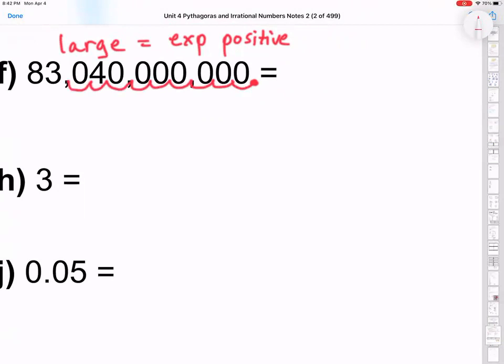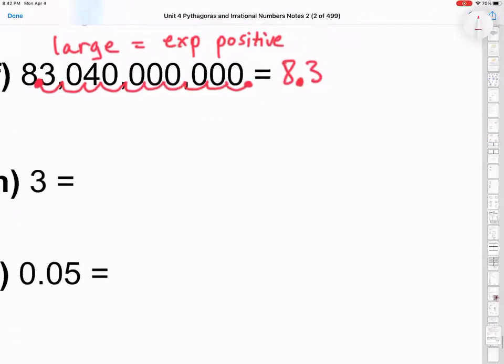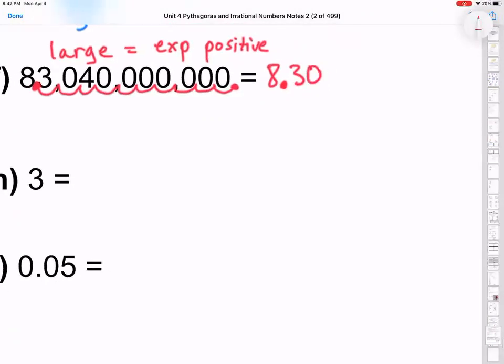And I need to go one more, 10, to get that in between the 1 and 10. So I end up then with 8.304. And all the other numbers beyond that are just zeros. So I don't even have to keep going. I can just leave it as that decimal place.